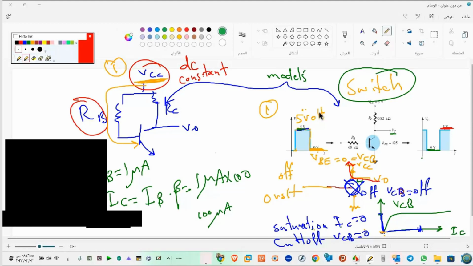So repeat. 5 volt saturation, 0 volt cut off. 5 volt saturation, I will connect the transistor to the ground. So here is 0. Opposite case, 0 here, that means the transistor doesn't work.